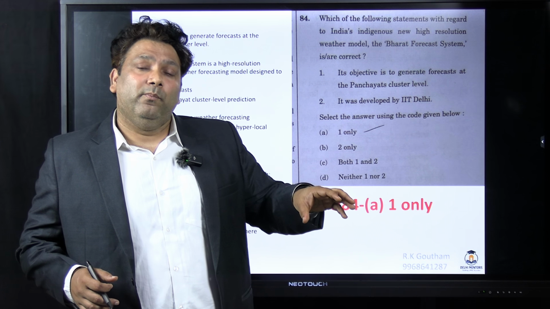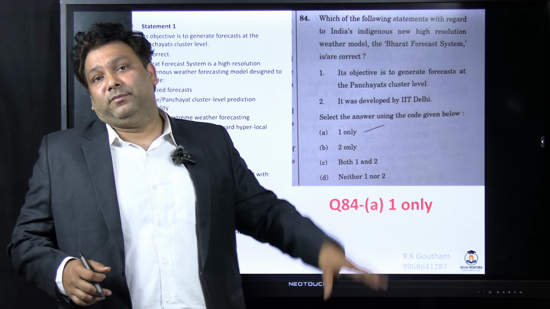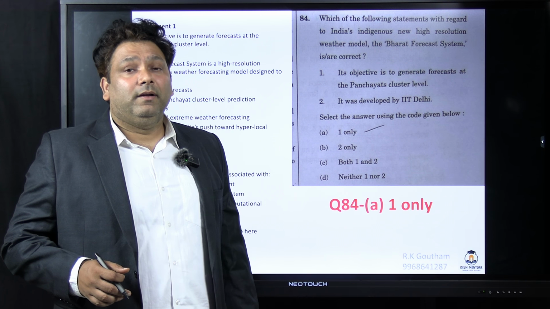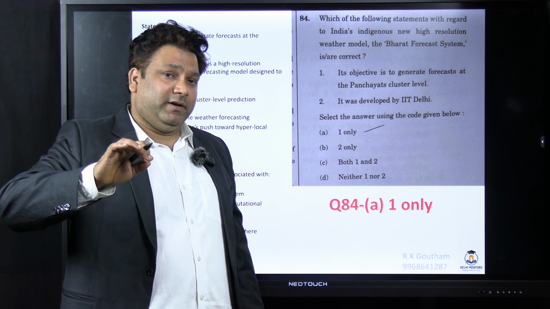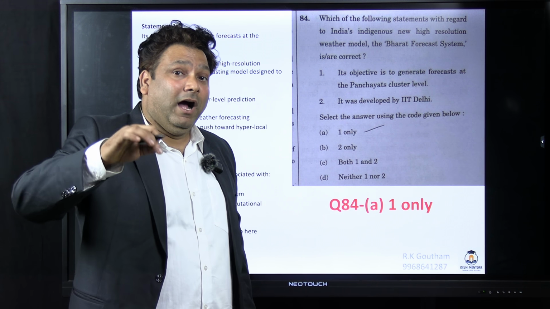Now it will be delivering at the panchayat level as well. So in the near future it might also give weather information or weather forecasting at every village level.